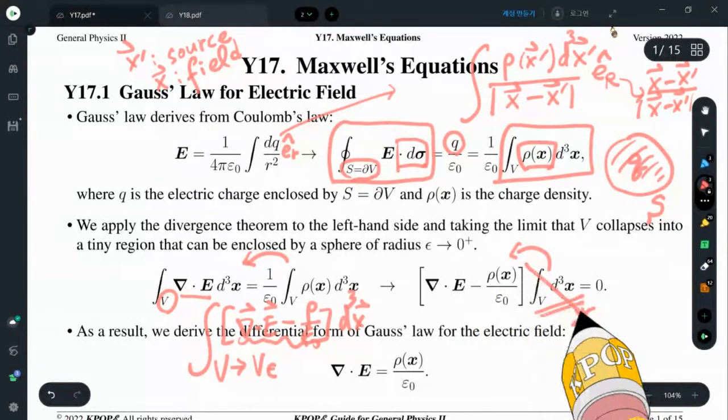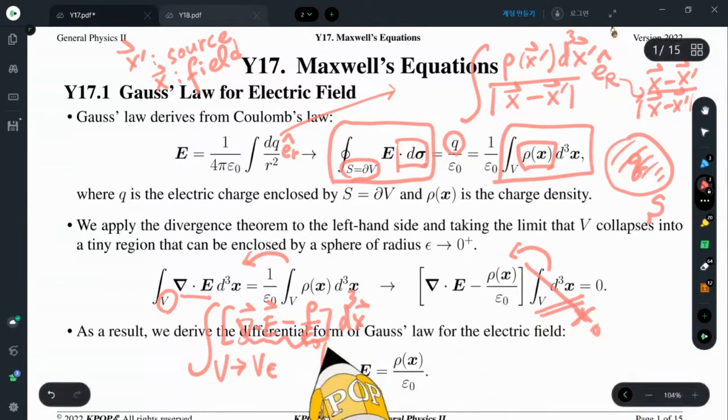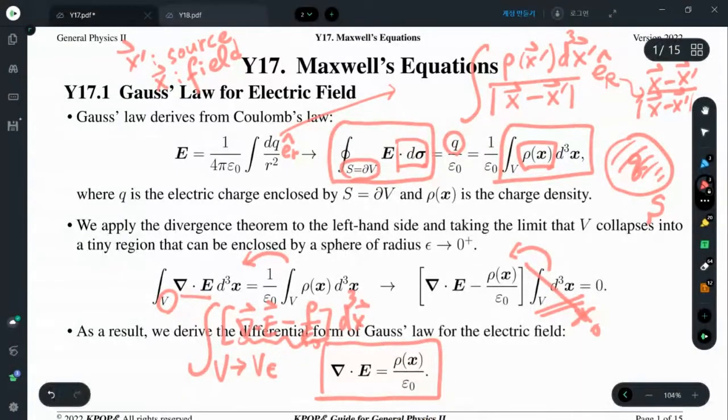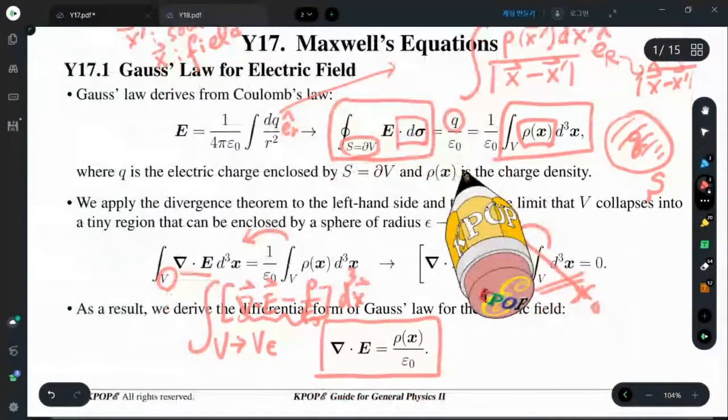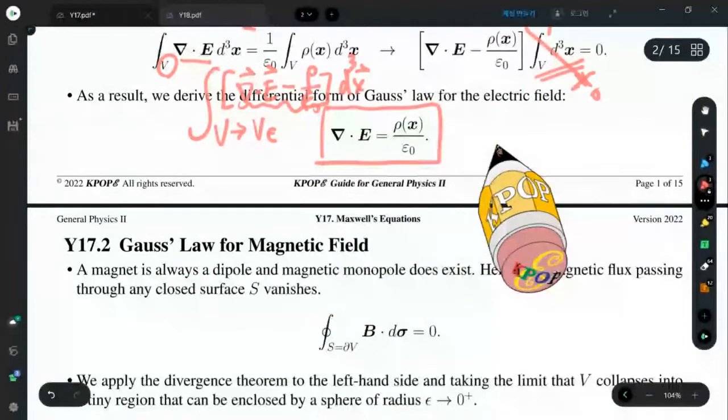Therefore, we can divide both sides by it. As a result, at every point, the divergence of the electric field is the density at that position divided by the permittivity of the vacuum. This is the Gauss law for the electric field.